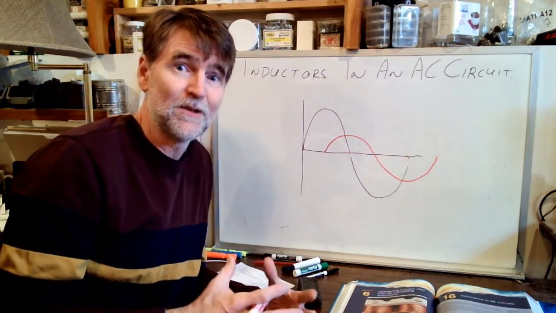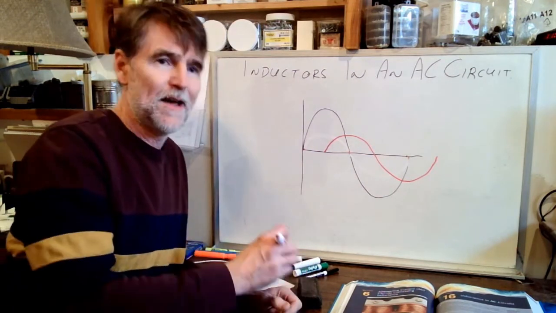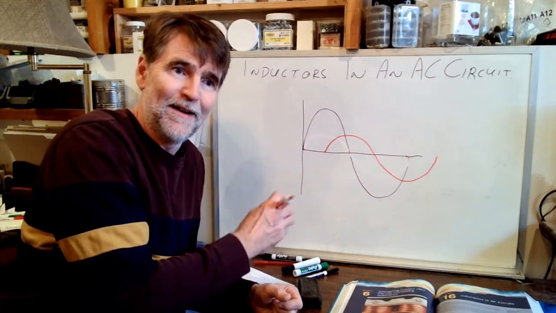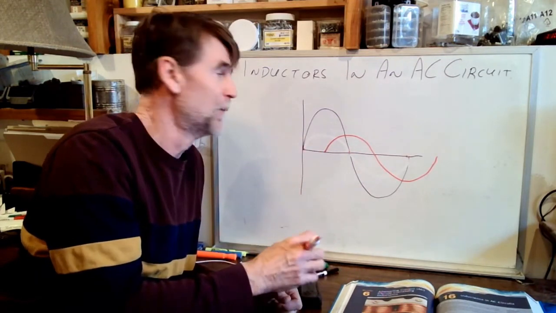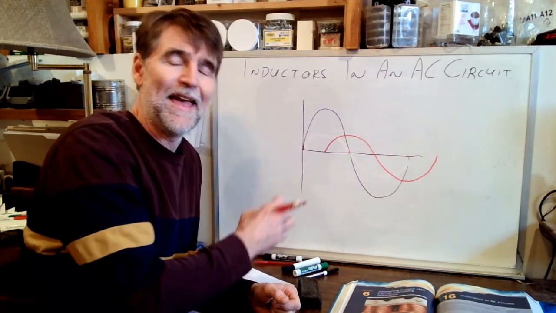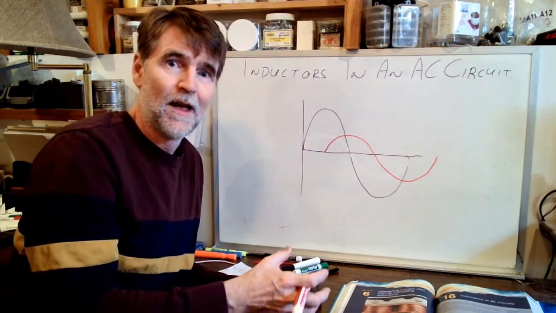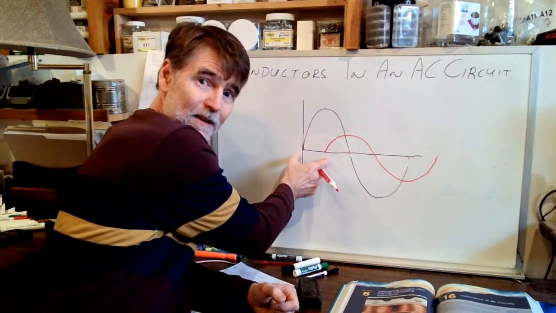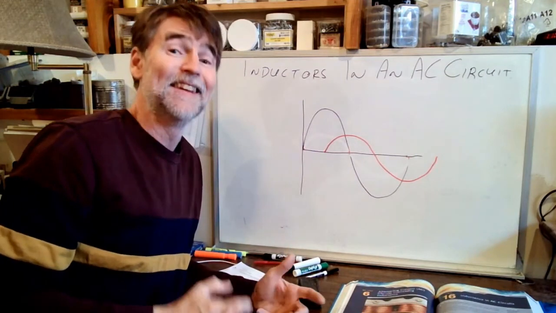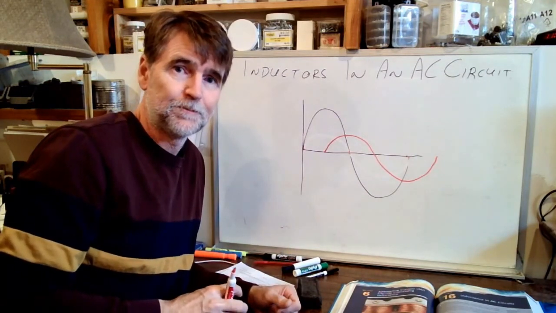However small it might be, it's going to be there. So there's never going to be a purely inductive circuit where the current lags the voltage by a full 90 degrees. It's going to be a combination of induction and resistance within the circuit, and therefore this lag, the current lags the voltage, will be a little bit less than 90 degrees.